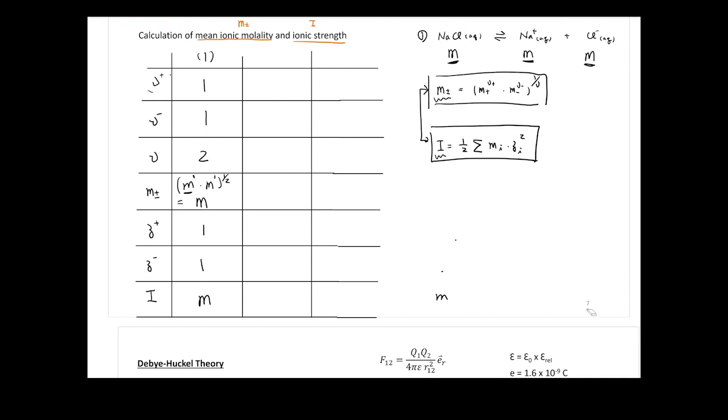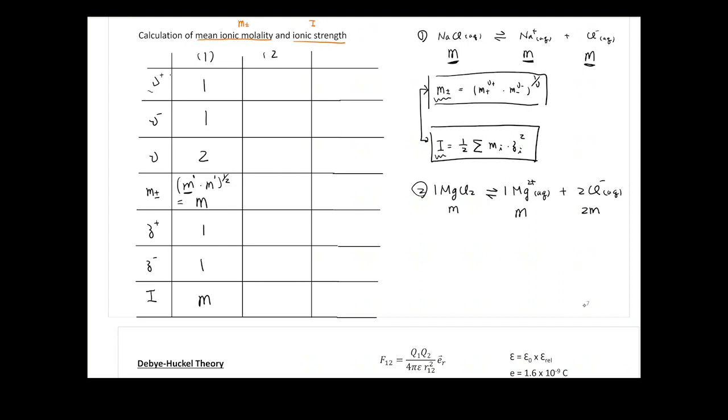Today, if I give you another equation, MgCl2, again it's a strong electrolyte with initial concentration m. It's going to produce Mg2+ and 2Cl−. Once you reach equilibrium, the concentration of your m+ is just m, but for your chloride, you will have 2m.